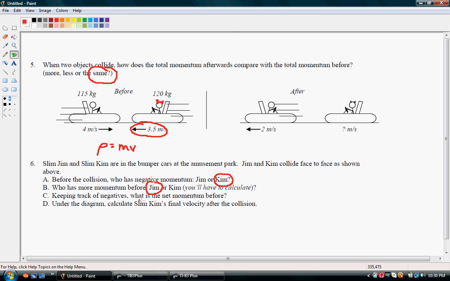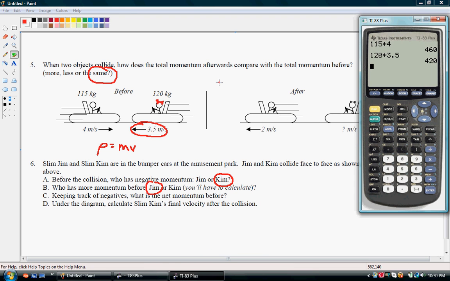Keeping track of negatives, what is the net momentum before? So we have, let's see, Jim's momentum is positive since it's moving to the right. And Kim's momentum is negative since she's moving to the left.